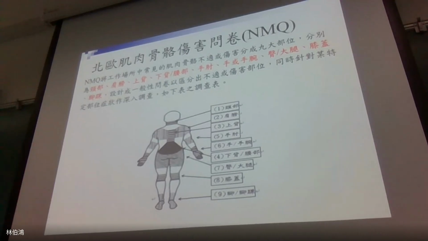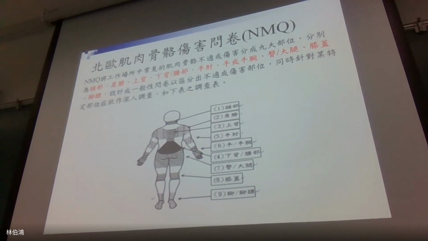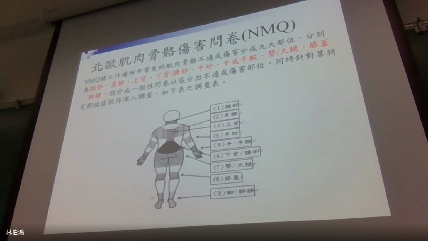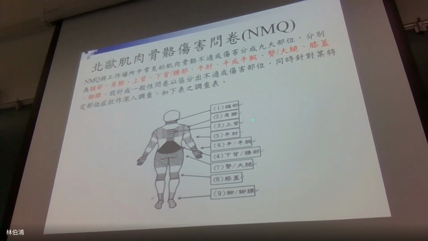So here there are nine body parts, from the head to your feet, like the neck, shoulder, upper back, the elbow, the wrist, the waist, your hip, your thigh, your knee, and also your ankle.